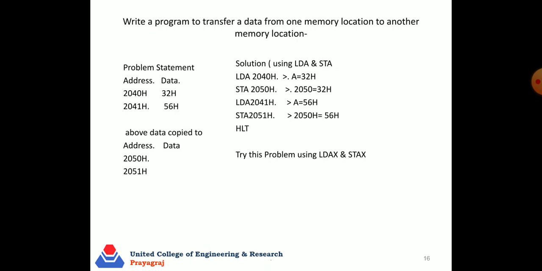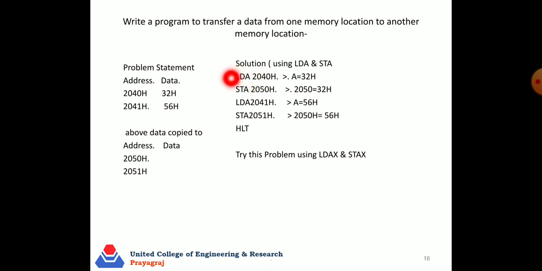We have lots of options to write a program for this problem. First we are using the solution with LDA-STA, as we previously discussed. First we have to load the data from the given address, so we write the instruction LDA 2040H.